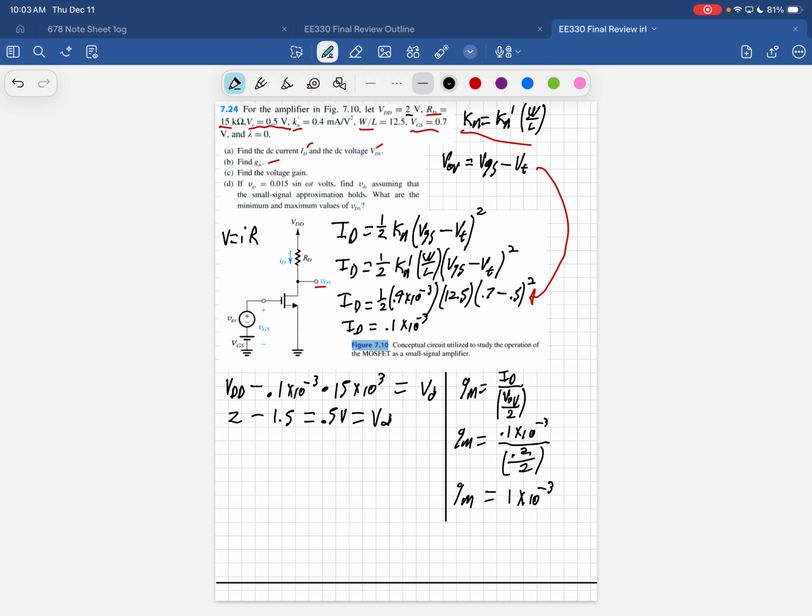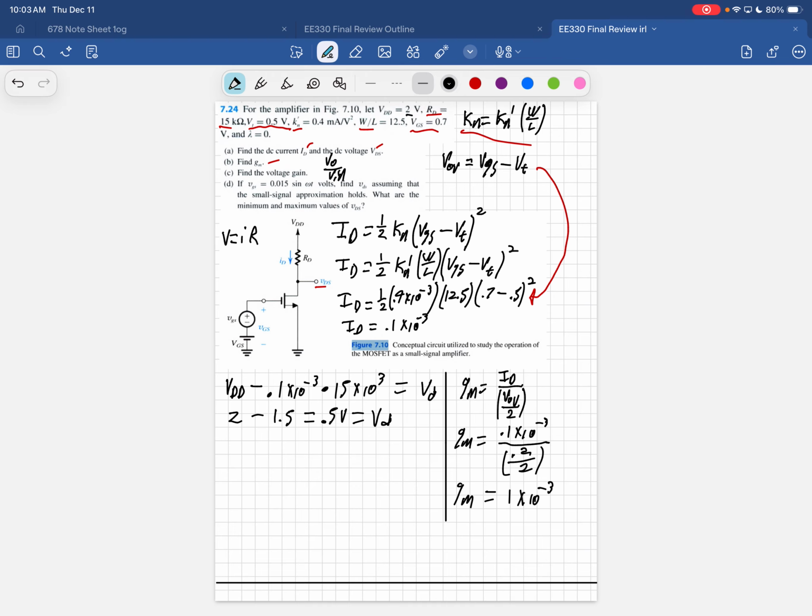So coming back to the problem statement again, it wants to know voltage gain. Voltage gain is defined as Vout divided by Vin. What is our Vout here?